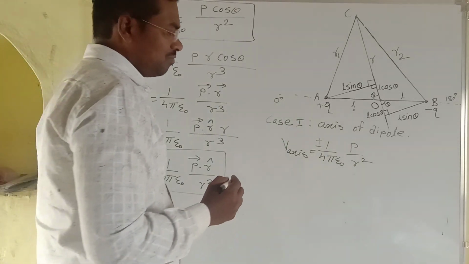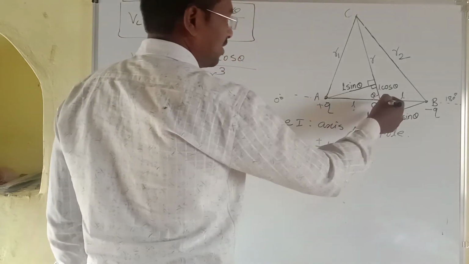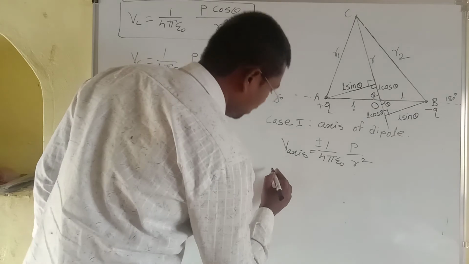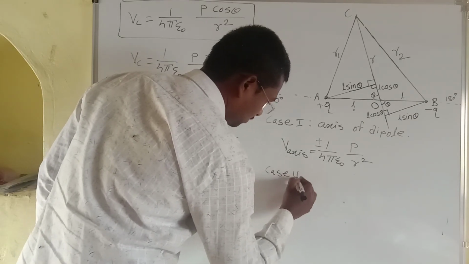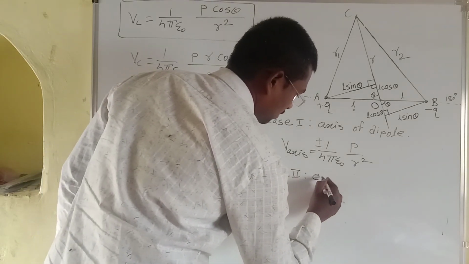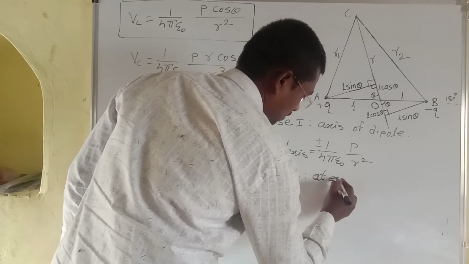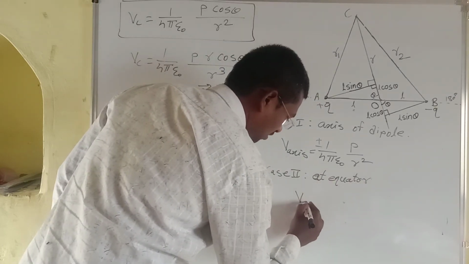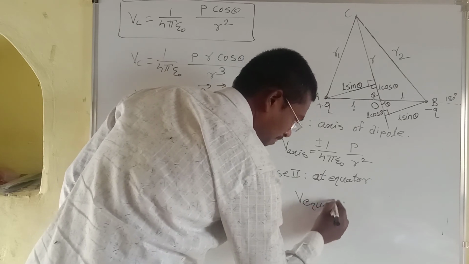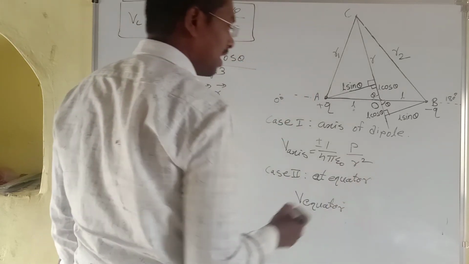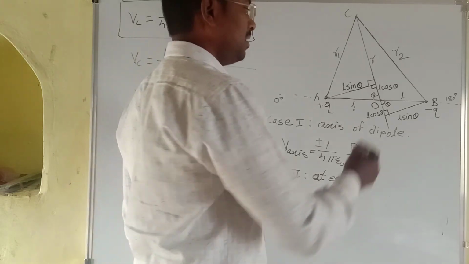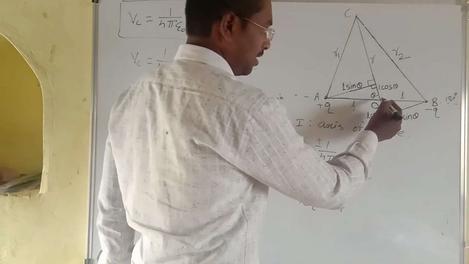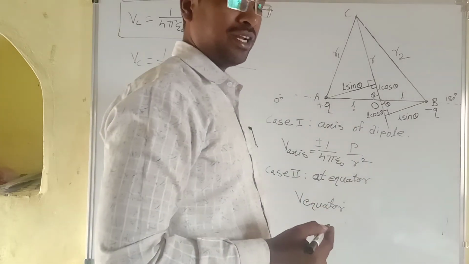And if we take that r distance along the equator of the dipole, then V along the equator at distance r is at that time angle θ equal to 90 degree or on the other side 270 degree.